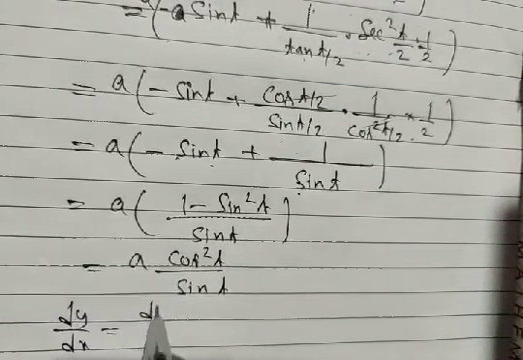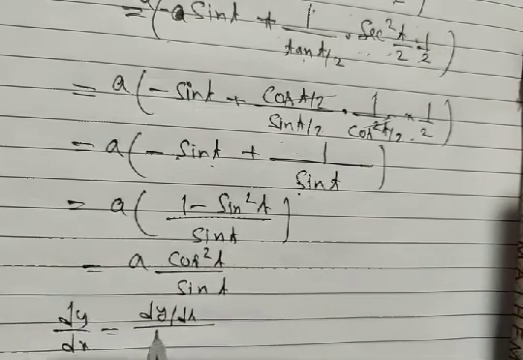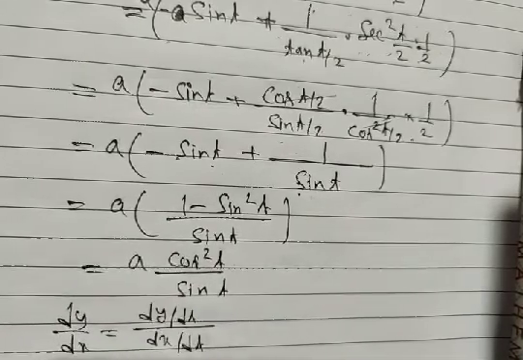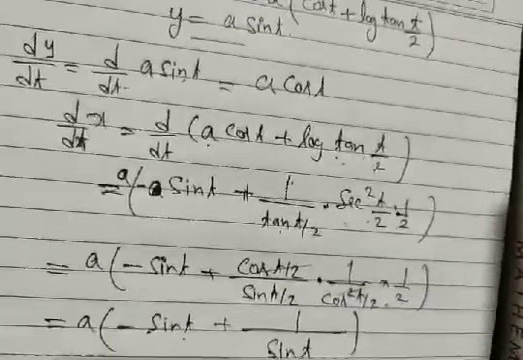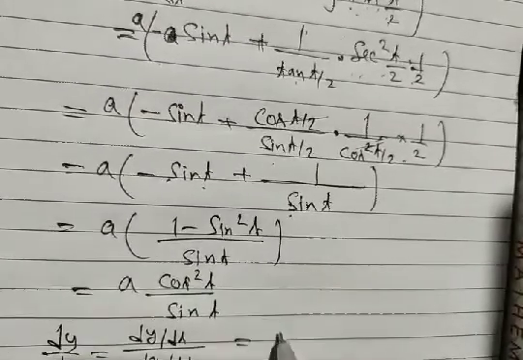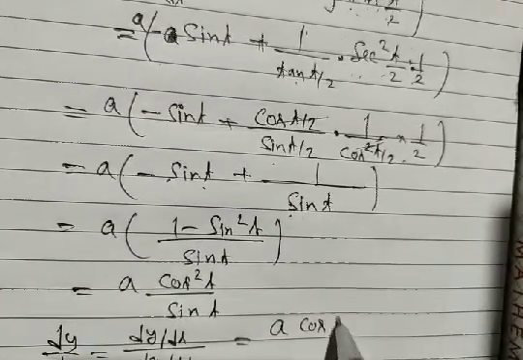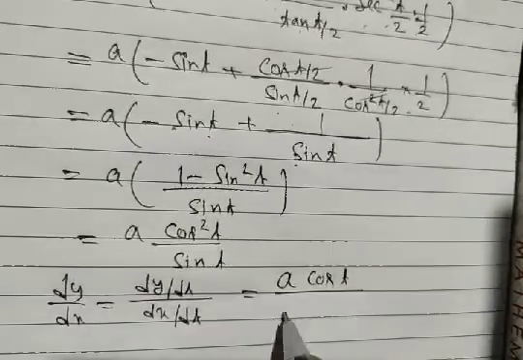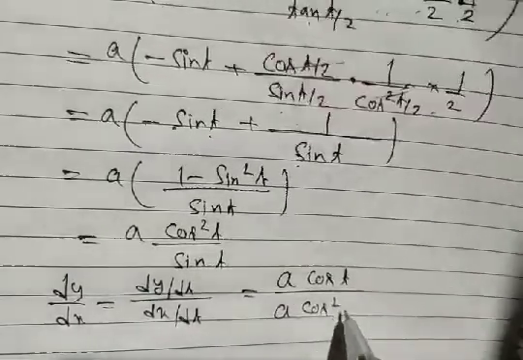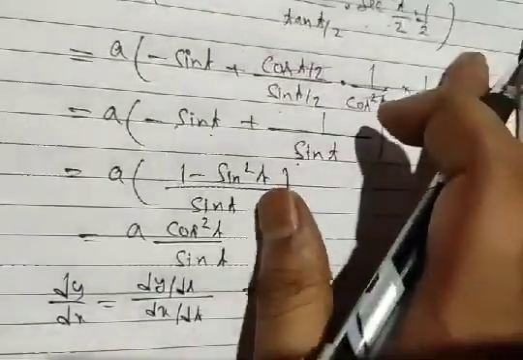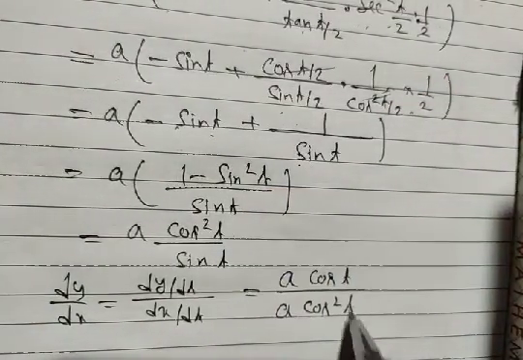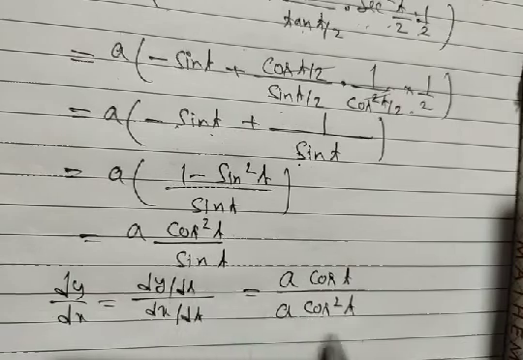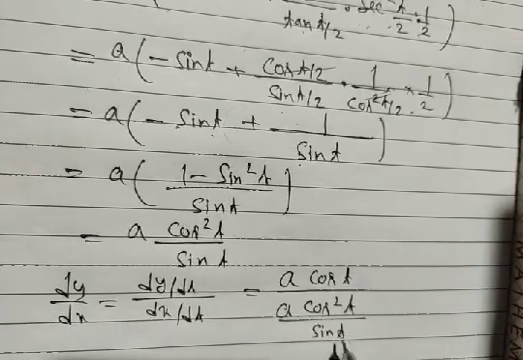What is our dy/dx? It's dy/dt divided by dx/dt. Now we get our dy/dt is equal to a cos t, and our dx/dt is what? It's a cos² t upon sin t.